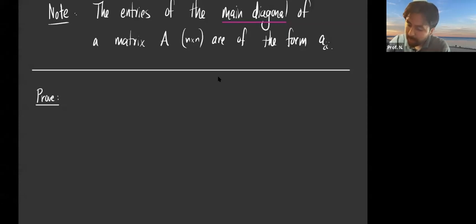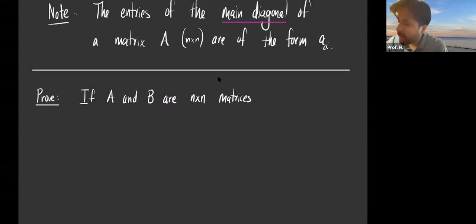Prove: if A and B are n by n matrices, so they're both square, then... Usually that's how it works. I have an if statement, and then I have a then statement, right?